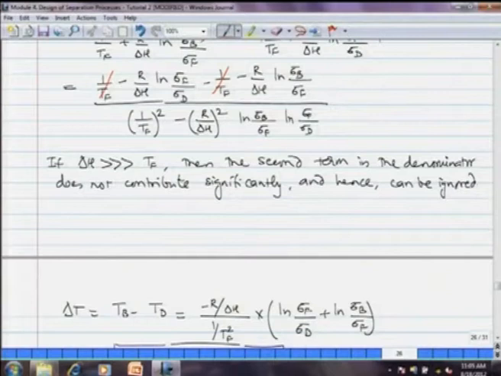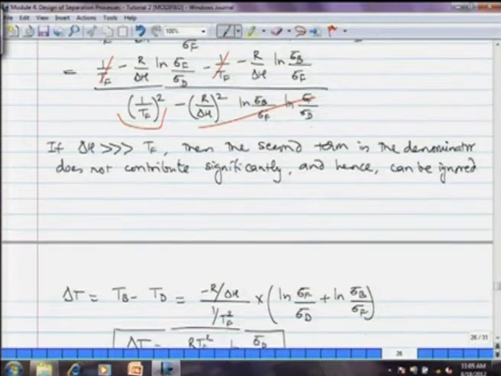So the denominator is dominated by the first term, because the second term is far smaller, and therefore the second term can be ignored.